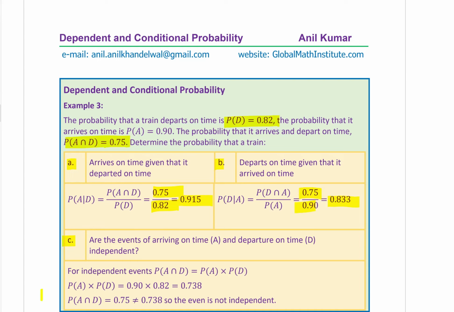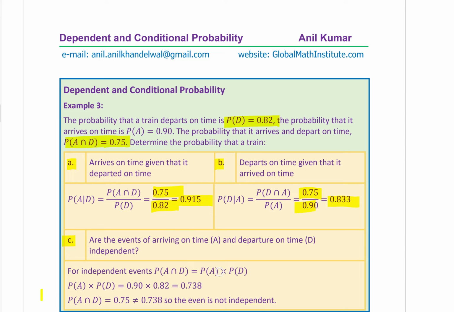C is very interesting. Are the events of arriving on time and departure on time independent? That's the question. How will you answer this question? Think about it. Well, we understand that for independent events, the probability of A and B happening is the product of their probabilities.